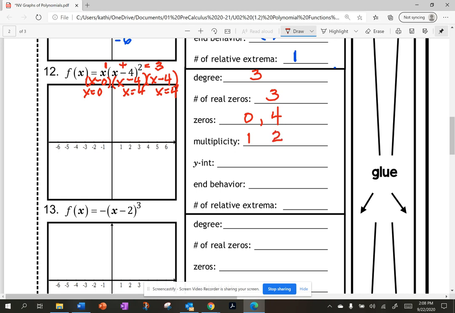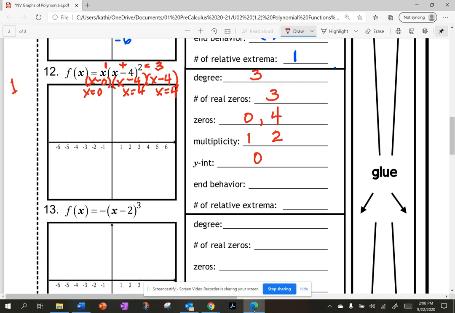My y-intercept, if I multiply all the constants together, I would be multiplying 0 times negative 4 times negative 4, which is 0. So my y-intercept is 0. For my end behavior, I look at my leading term, so I would be multiplying out all the x terms. So I would really be multiplying 1x times 1x times 1x.